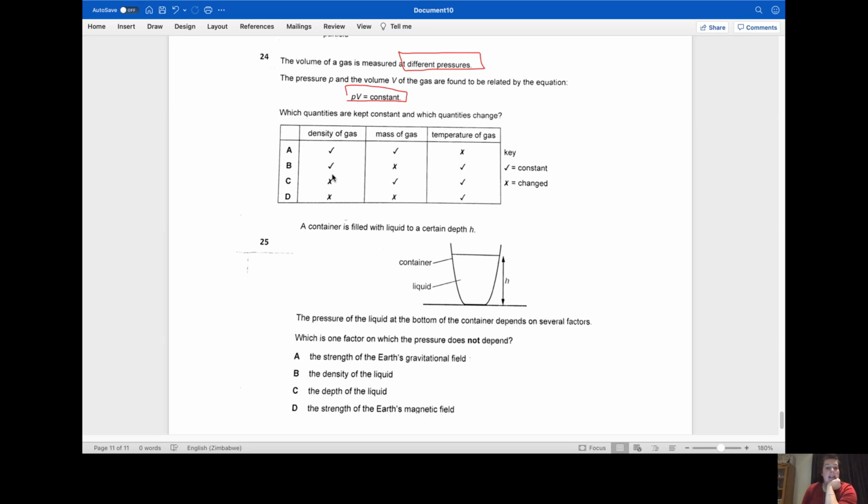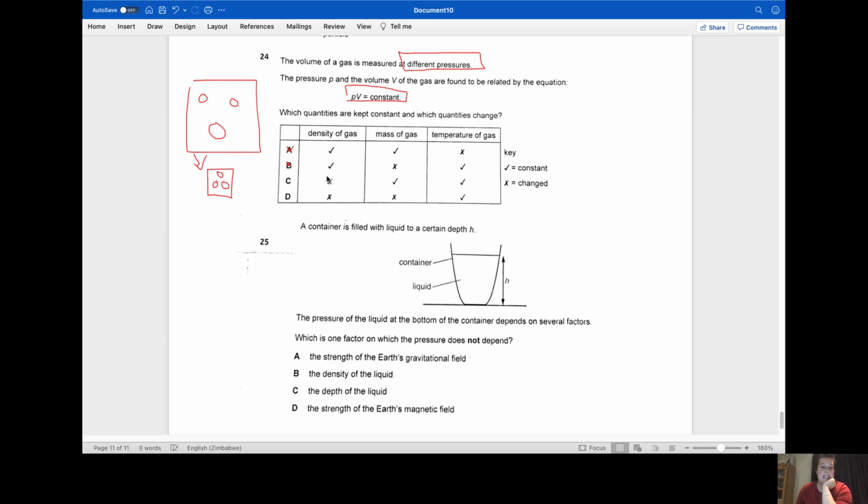The density of the gas is not going to be constant because I'm changing my pressure. Pressure and volume, that could be one. If I changed my volume, now I've got the same amount of molecules in a smaller volume, so my density has changed, because here it's a lot less dense than here.